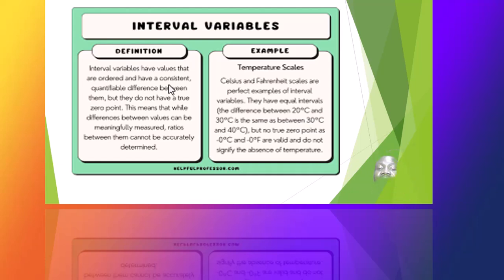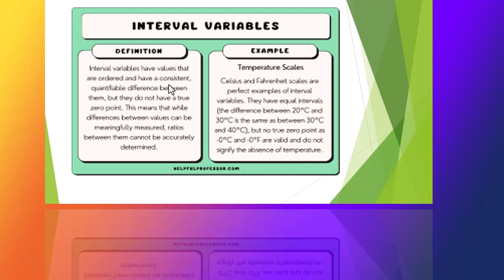They have equal intervals. The difference between 20 and 30 is the same as between 30 and 40, but no true zero point, as 0 degrees Fahrenheit and 0 degrees Celsius do not signify absence of temperature. There is still a temperature at that level.